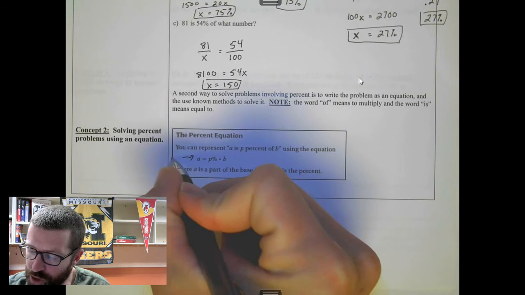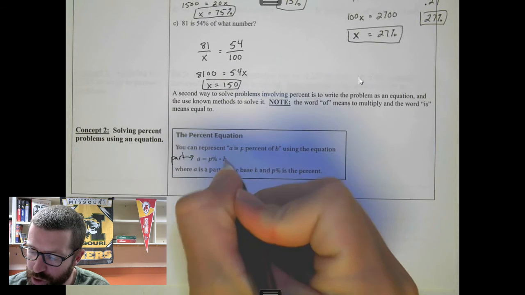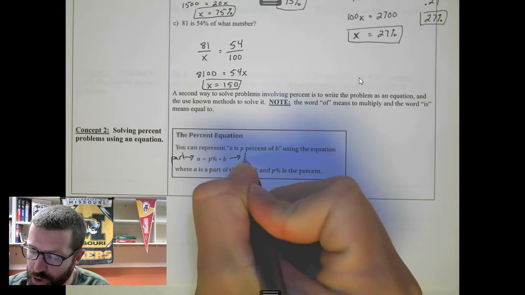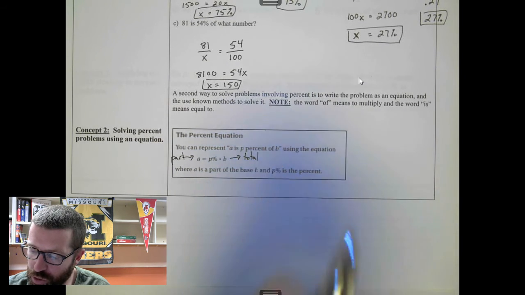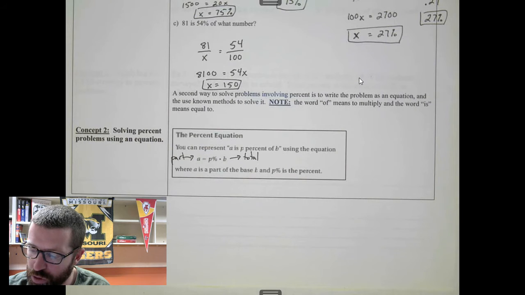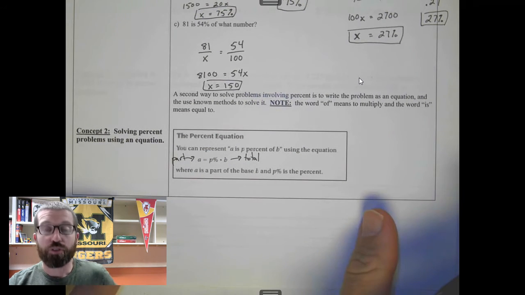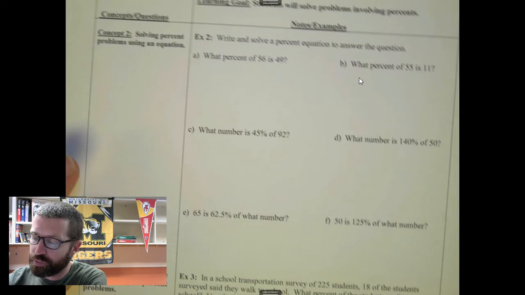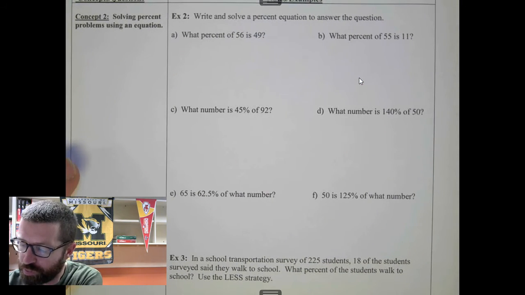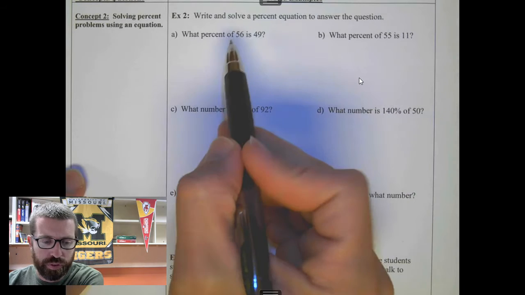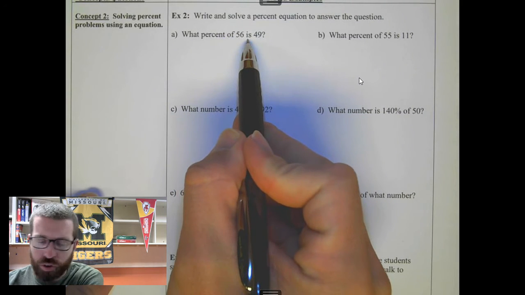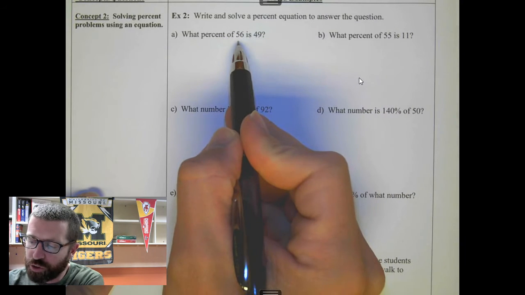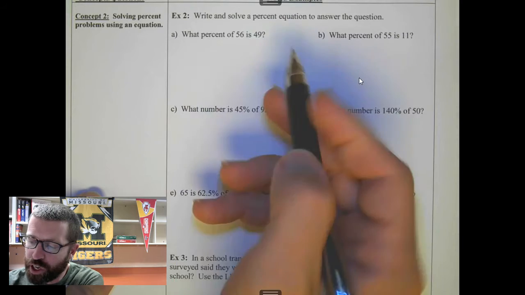So this is the part here, and this is the total. And so if you want to find the percentage part, then you multiply. So using this method, what percent of 56 is 49?